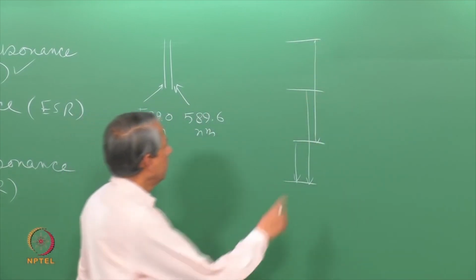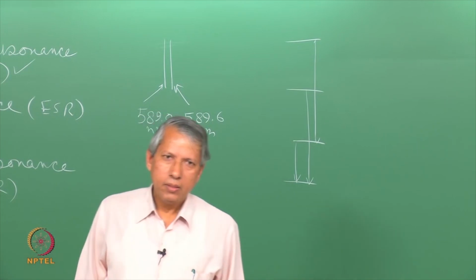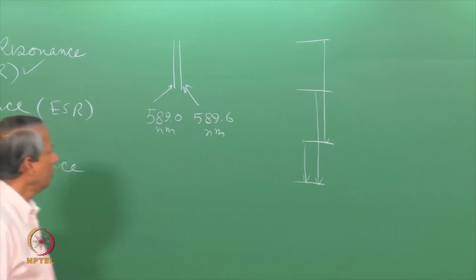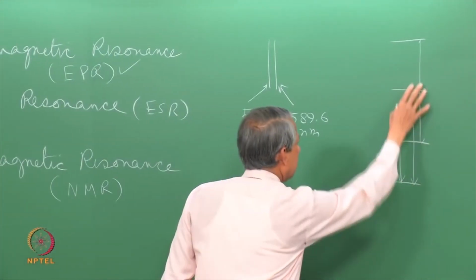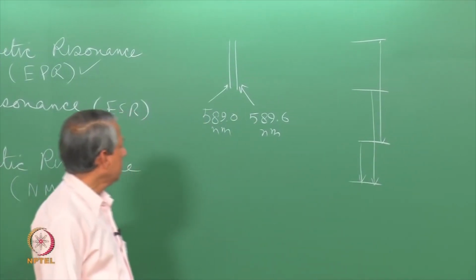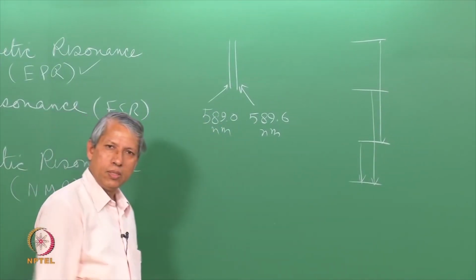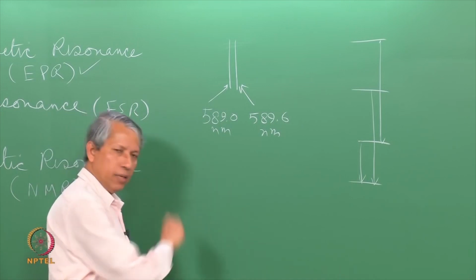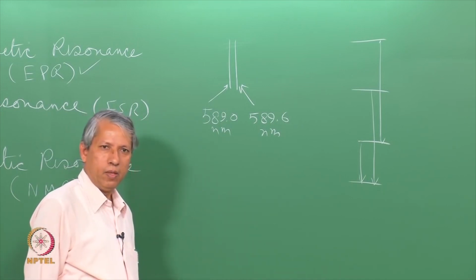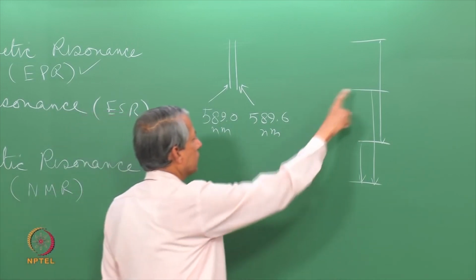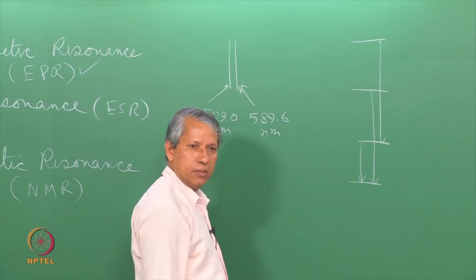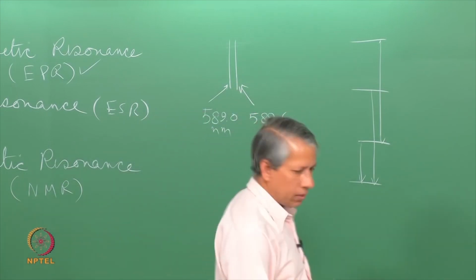That is the first key proposal of Bohr. So, this discrete nature of energy levels could very easily now explain the discrete spectral lines seen in the spectra, but they are still not sufficient to explain these doublets the way they appear here.